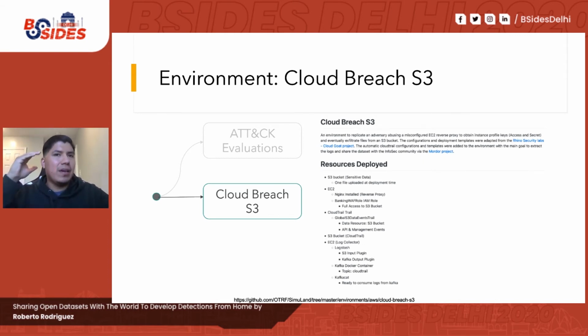But there is not a concept of, okay, so I'm attacking the environment, what data is being generated, right? So this environment actually enables CloudTrail logs, for example, and they're pushed to Logstash and then pushed to a Kafka server. It's just a server that allows me to centralize my data, and then from there I can just take it out.